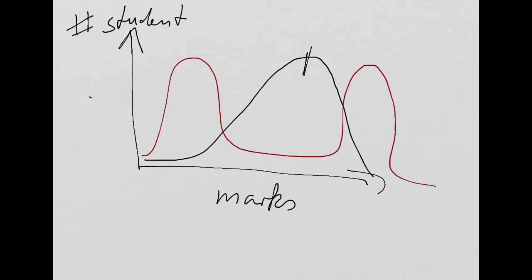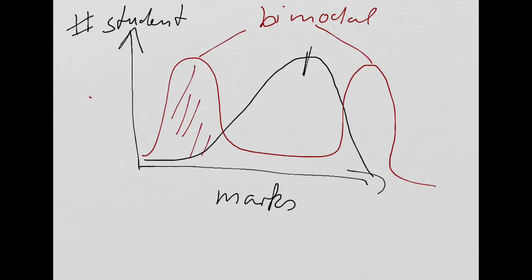Something like that. This is a bimodal distribution because it has two peaks. These guys here just simply don't get it.